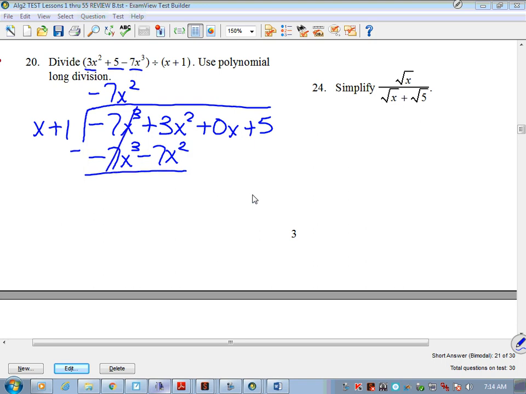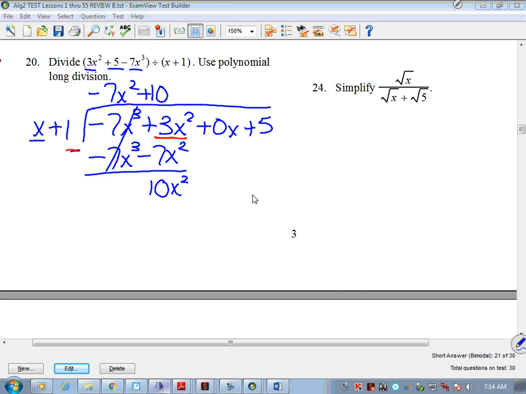These will cancel. I'm going to get 3x squared minus negative 7x squared, which is actually going to end up adding them because I have a double negative. So that's going to be 10x squared. And then we're going to look back at x over here. How many times or what will it take to get x into 10x squared? Well, I'd have to multiply it by 10 because the coefficient to x is 1.